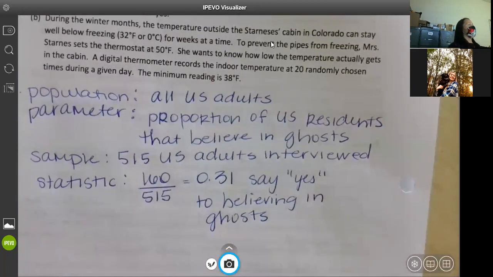So again, your parameter is your overall proportion, just what are they asking you to find? And your statistic is what you actually found, okay?